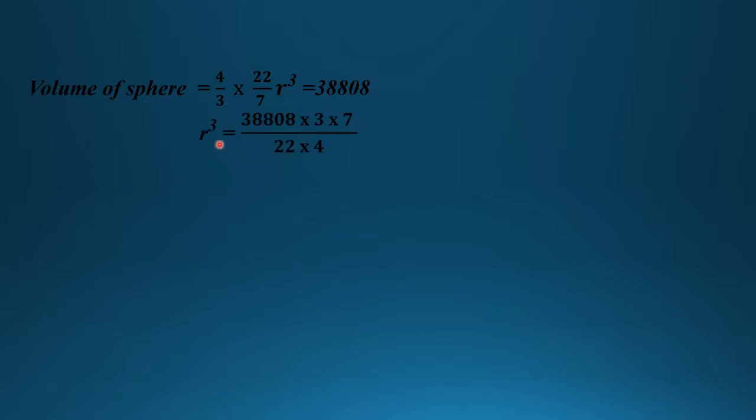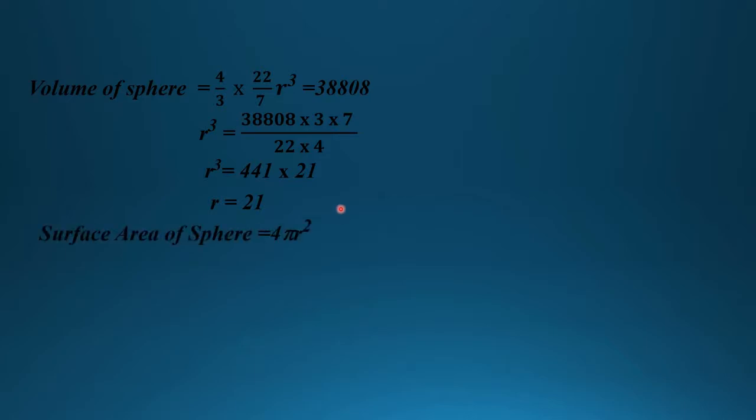Taking 4 by 3 and 22 by 7 to the right side, we get r cube is equal to 38,808 multiplied by 3 multiplied by 7 upon 22 into 4. Therefore, after calculating, we get r cube is equal to 441 multiplied by 21. Now, r is equal to 21, taking cube root on both sides.